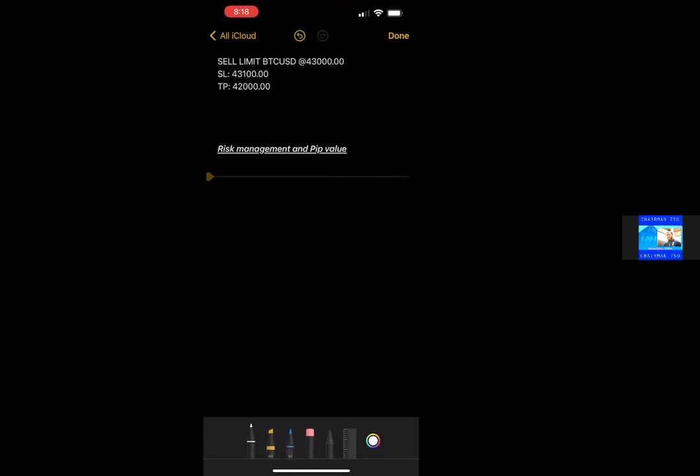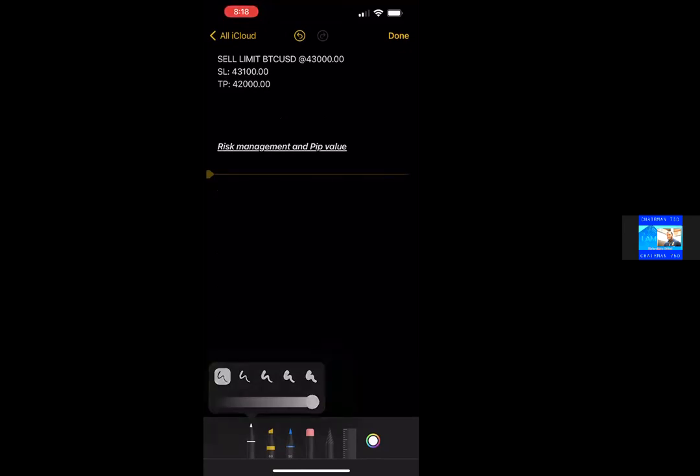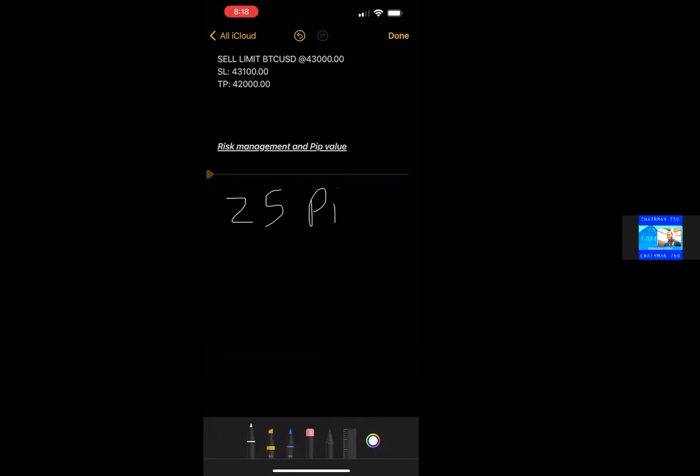If it's 25 pips, and we are risking a 0.10, which is $1 per pip, that is 25 pips. That's $25 that we're risking if we're going to risk that full amount here.